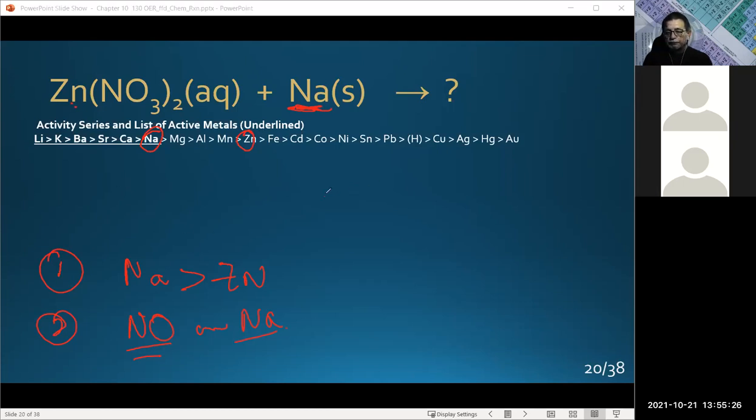So I'm going to write we will get zinc solid. And the sodium now becomes elemental. So first, like we've been doing, write sodium in elemental form. We know sodium will have a +1. The nitrates will have a -1 right here.